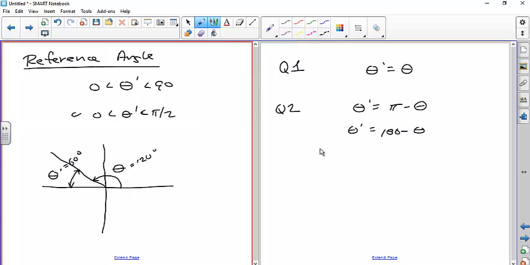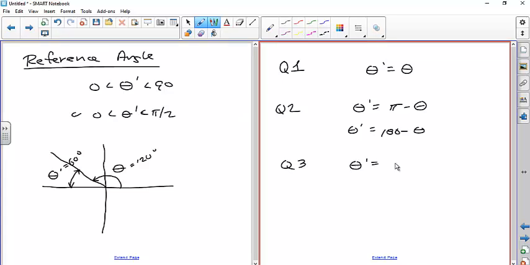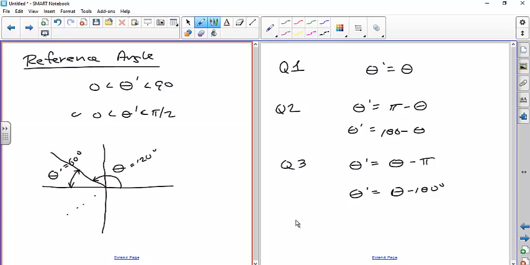In the third quadrant, the reference angle is equal to theta minus pi, or theta minus 180. So in the third quadrant, that's how you would get the reference angle.